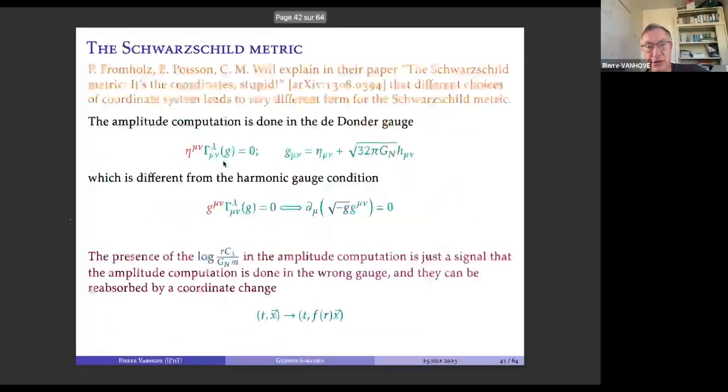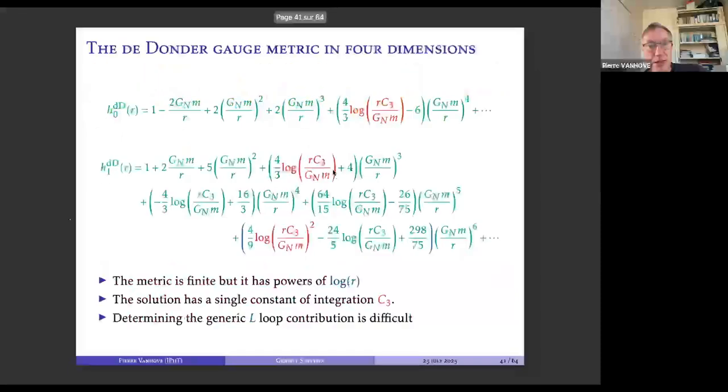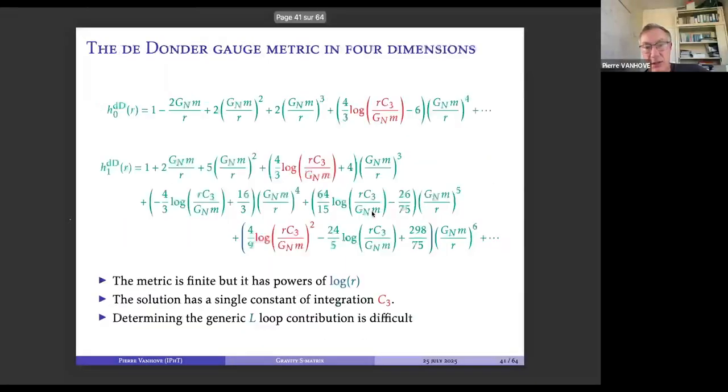So I have one heavy mass that emits one graviton, then the graviton interacts and emits another graviton. So this is exactly these graphs that are here.